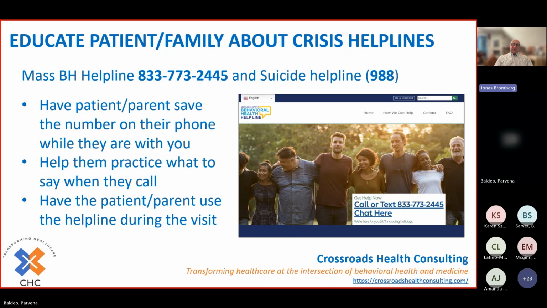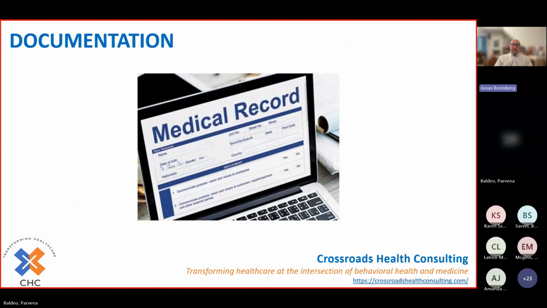You may want to practice with them what they're going to say when they call. And in some rare cases, you may even want to have the patient or parent use the helpline during a visit. So again, an important part of safety planning, making sure the families are educated and aware of these helpline resources. Next, please.